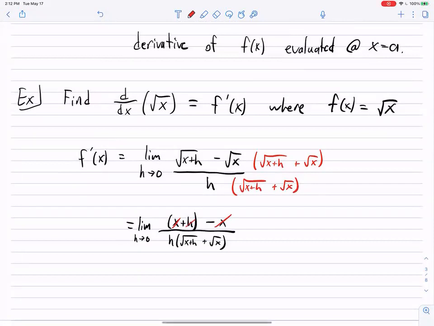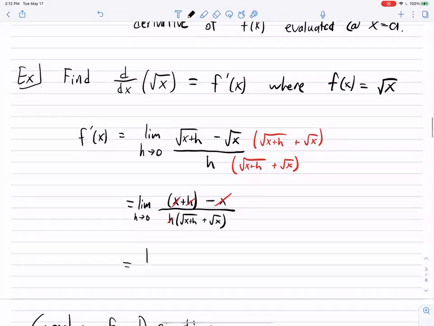And so the h cancels with that h. And so what does this become? This just becomes the limit as h approaches 0 of 1 over square root of x plus h plus square root of x. Now you can plug in h equals 0, and this becomes 1 over 2 square root x.